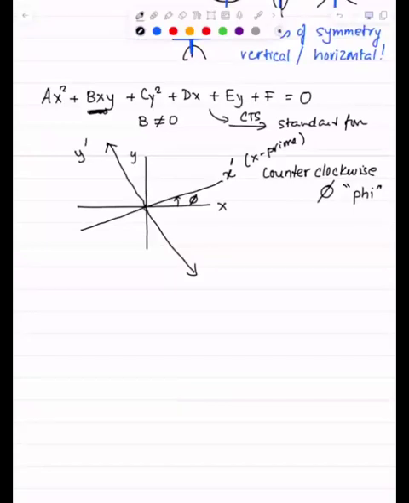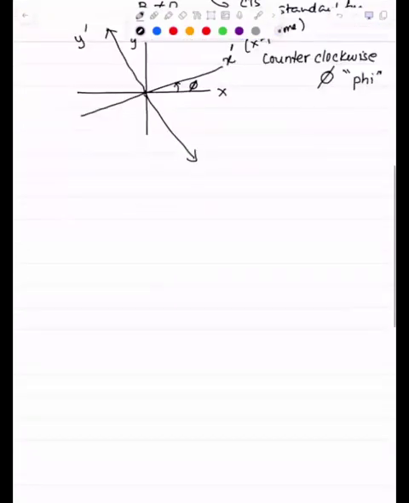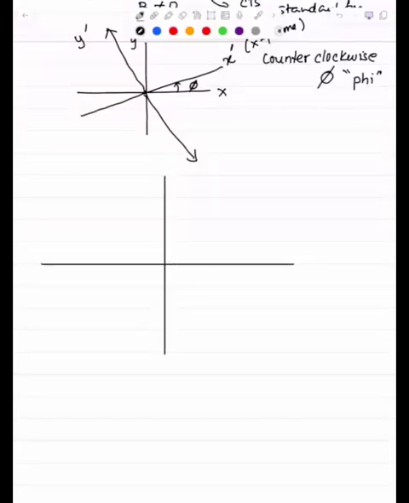First, let's see this notion of rotating the axes. Here are the axes, x and y, and here there's a point. This point has an address, x comma y. Now let's rotate these axes by a certain angle phi.